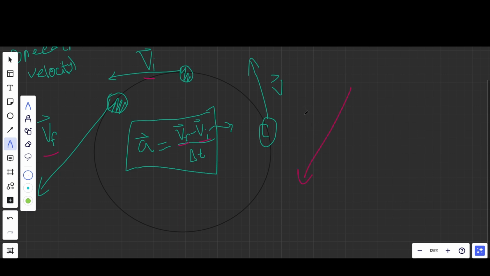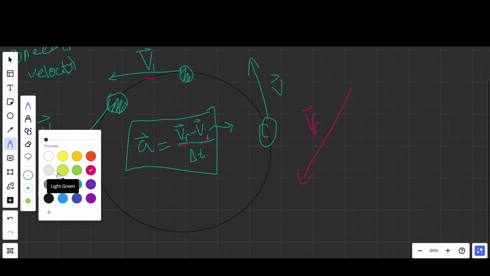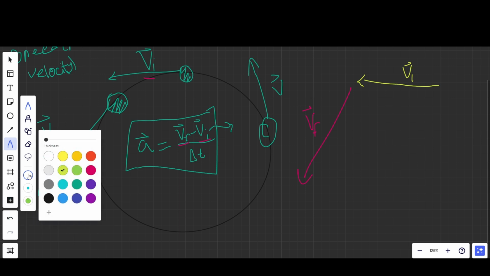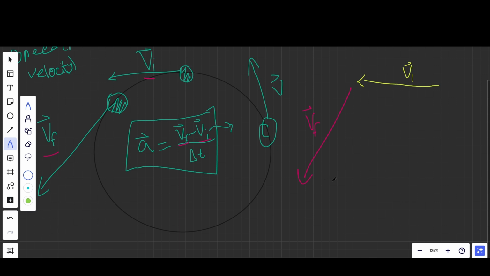Remember that the size of the arrows will stay the same because that's the magnitude. What we are talking about is the direction, the change in the direction. And the vi kind of looks like something like this. But since we're not adding, we're subtracting, what we are going to do is draw it with the opposite arrow. So it will go like here, hence that's vi.